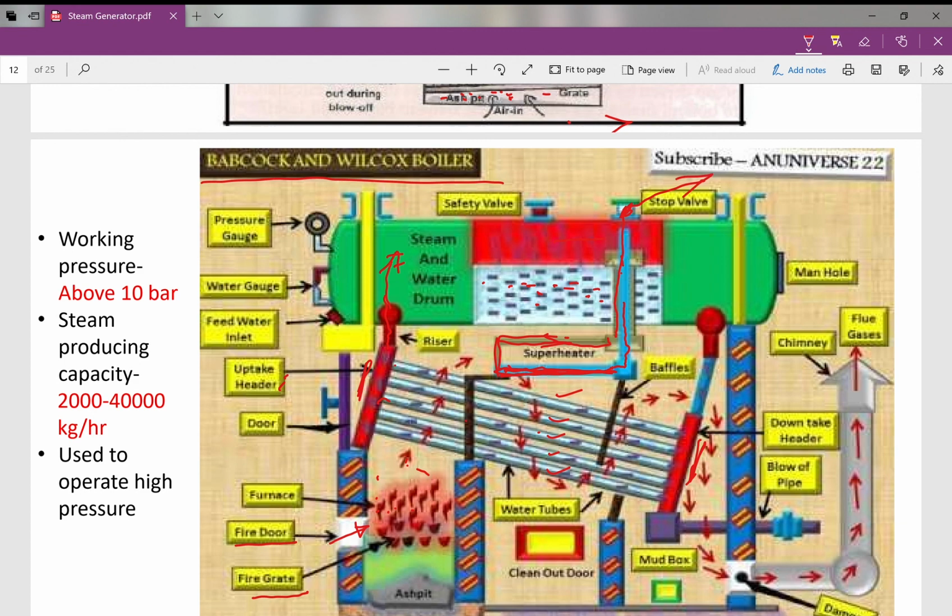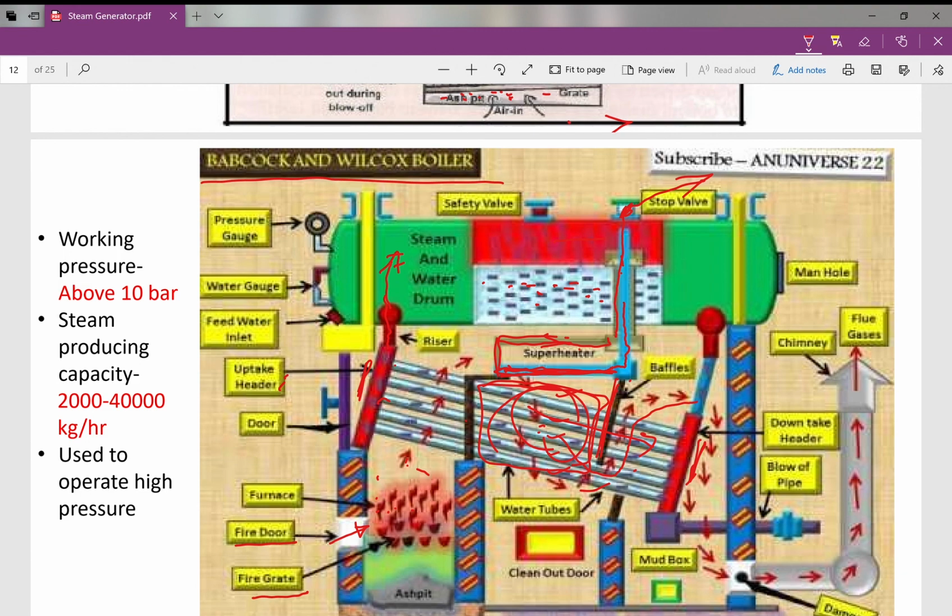Right. Now after losing heat to the superheater and even this portion of water tubes, these hot gases, due to this black baffle plate which stops them from going directly in this way, and after utilizing all these up to this space, move in this direction.